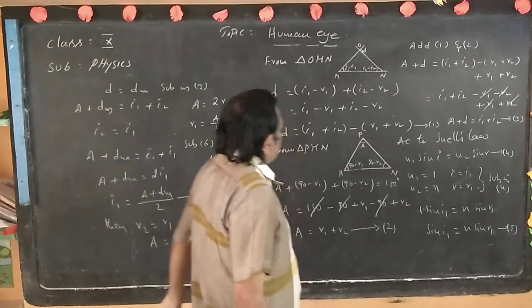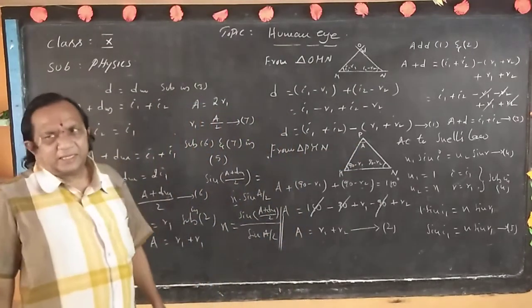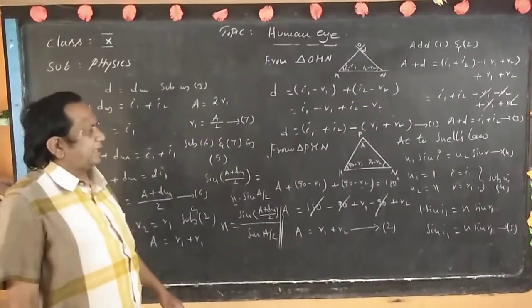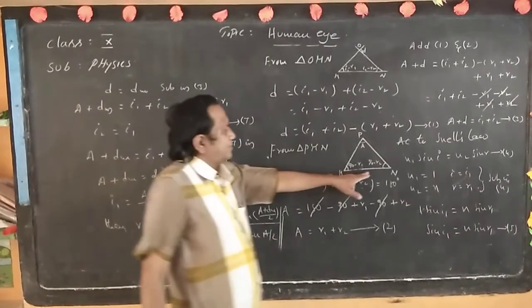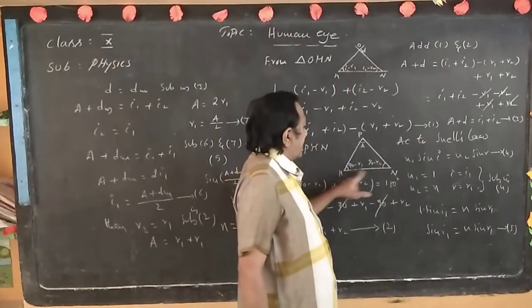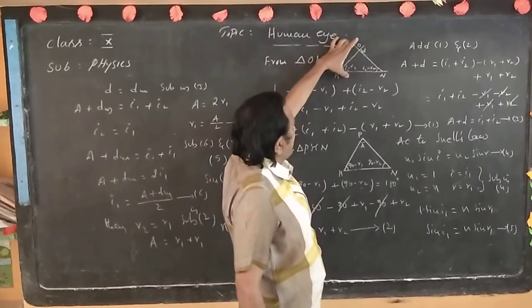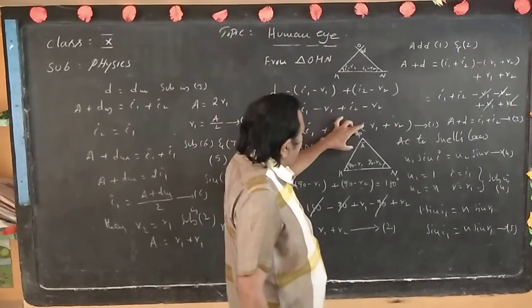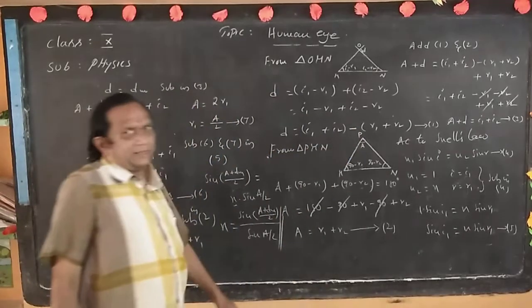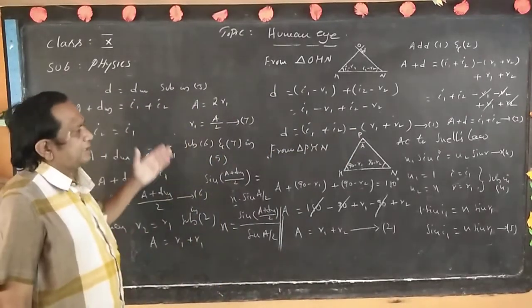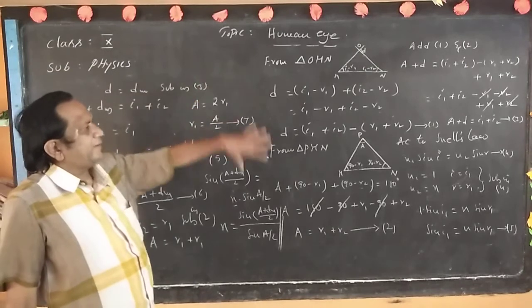Now the triangle is considered as PQR. In that, MN becomes the refracted ray. So here we get triangles: one is OMN, another is PMN. From that we can consider these A and D values.